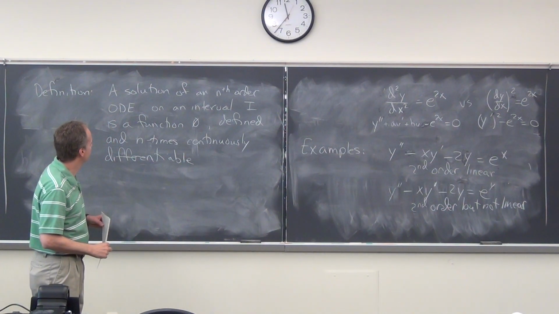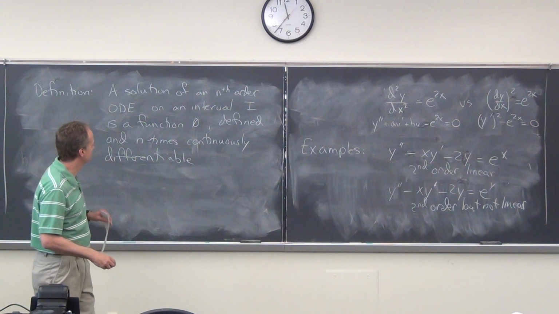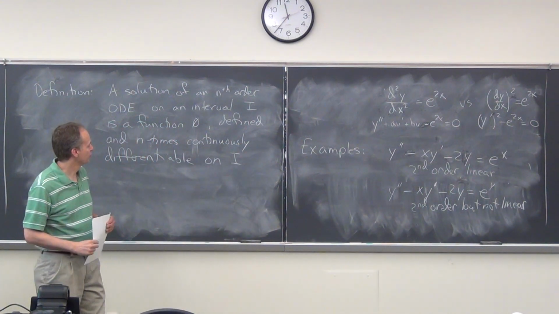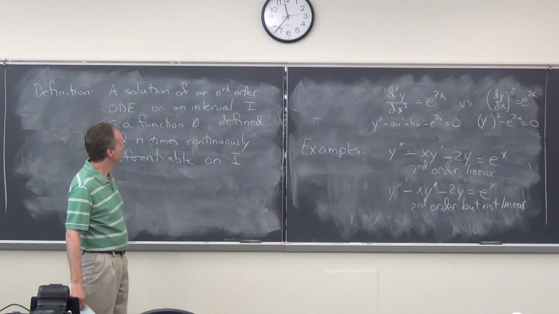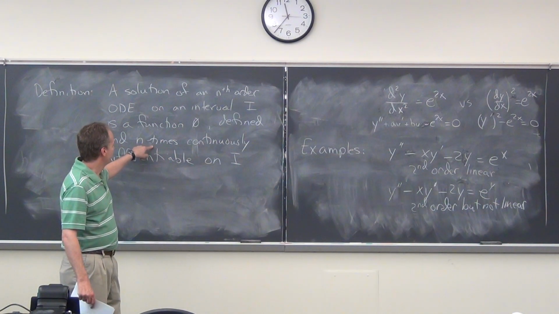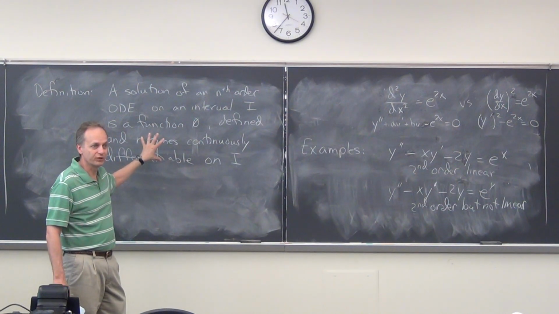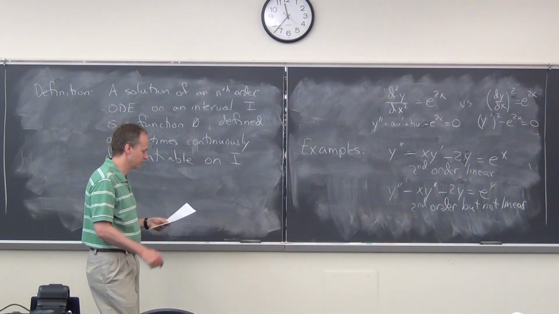Theta defined and n times continuously differentiable on I. So obviously the solution function theta has to be defined on I, and it has to be n times differentiable, and those derivatives have to be continuous. It's a pretty strong requirement, but that's what we do require.